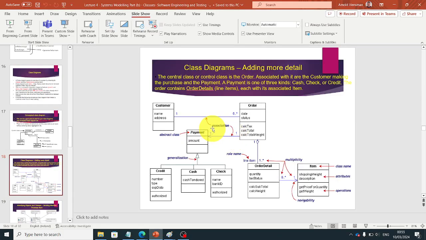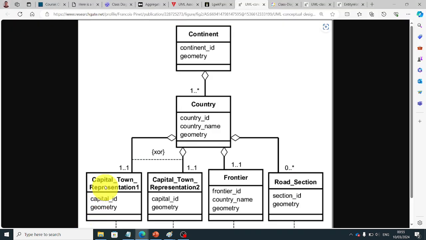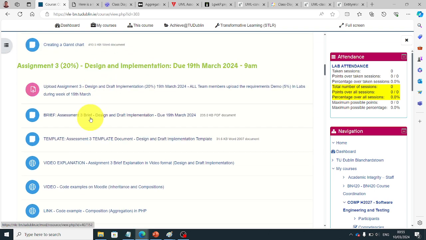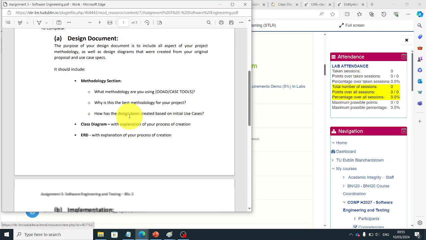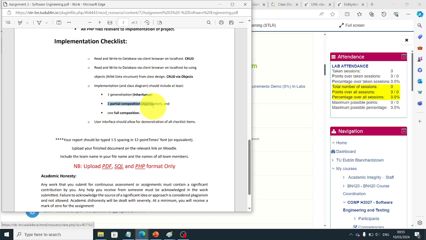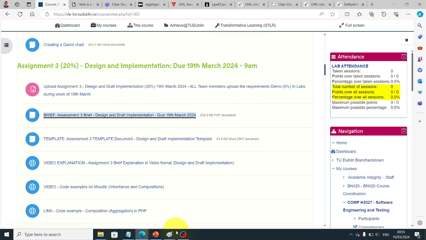All right. So I've asked you in the actual brief specifically to produce two aggregations. Okay, so if we look at the brief there, it's very clear you need a partial aggregation and a full composition. Feel free to add more, I'll choose the best ones for grading.